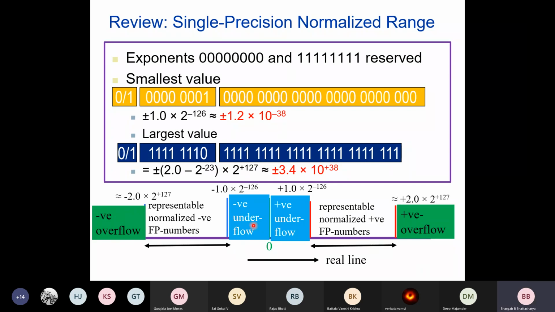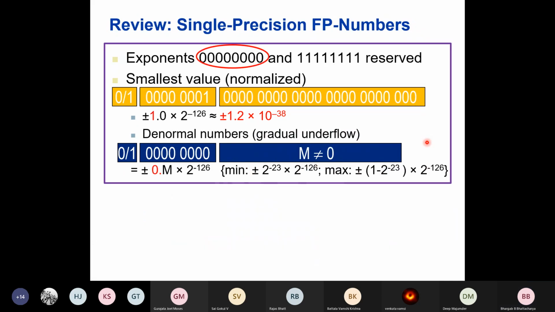Then we introduced what are called denormal numbers. We use this region as well to represent some numbers by choosing the smallest exponent and choosing some non-zero value in the mantissa field. This is called gradual underflow, and these numbers are called denormal numbers.